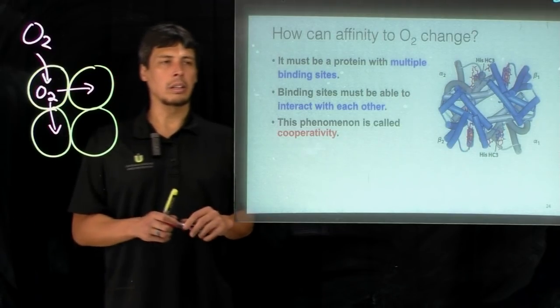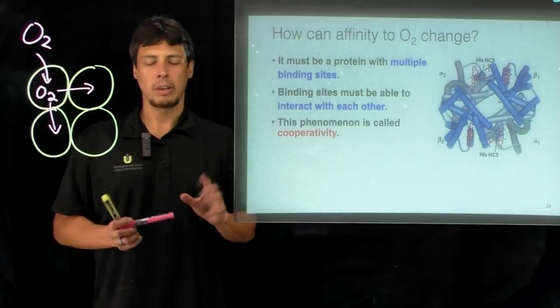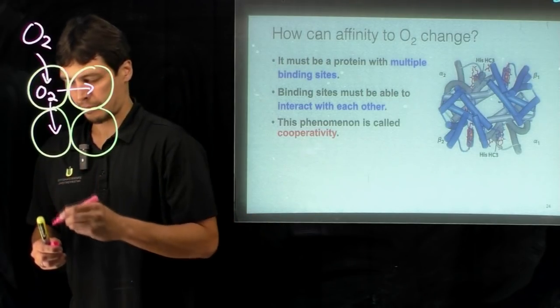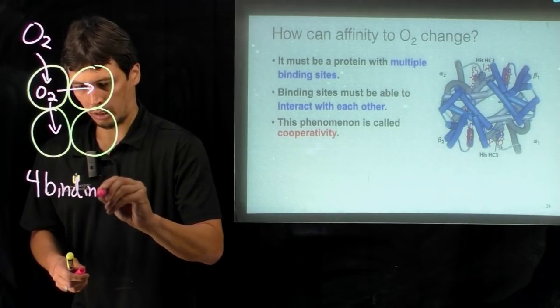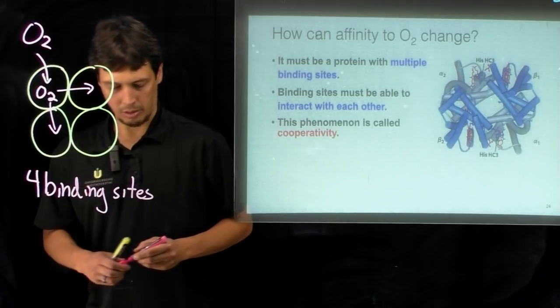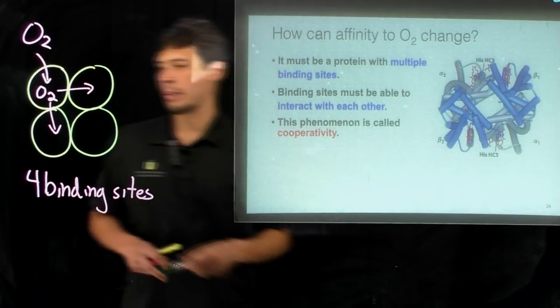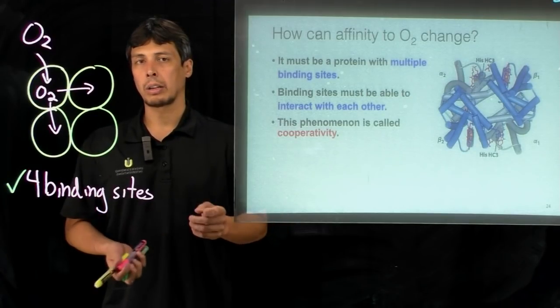And so what we need in order for this to happen is we need to have multiple binding sites. So for hemoglobin, we have 4 binding sites. Okay, and so that requirement is checked off. And then they have to be able to interact with each other.